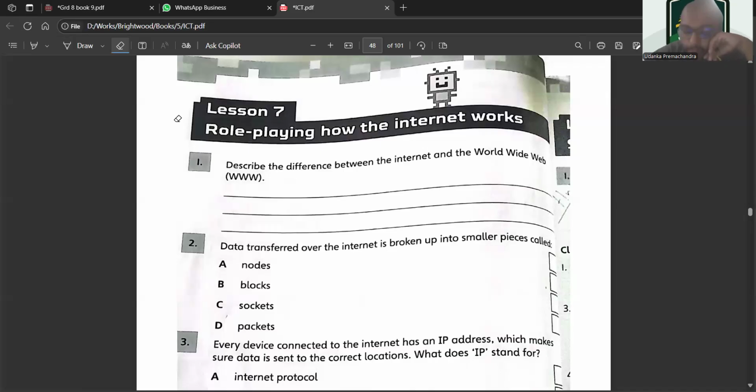So the World Wide Web is a part of the services available using the internet. If they have the internet, they have access to the WWW inside the internet.